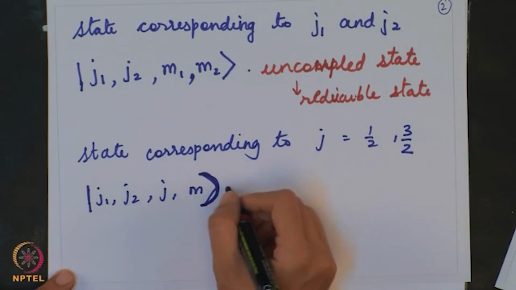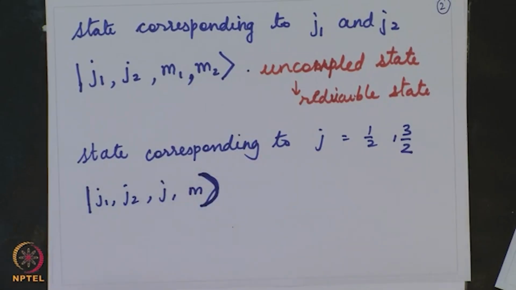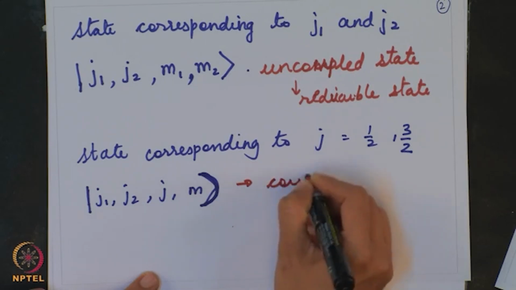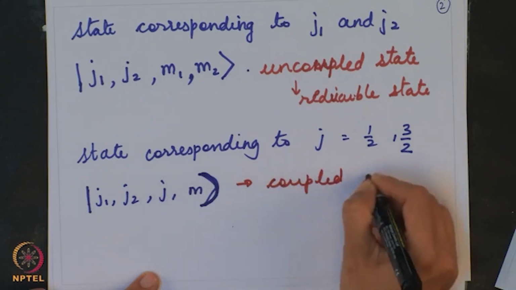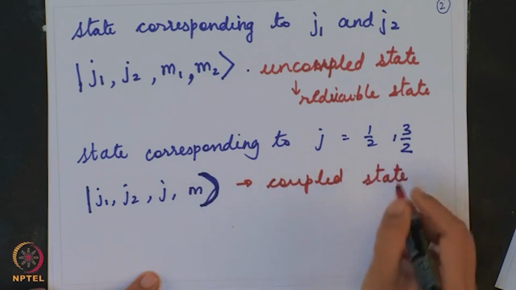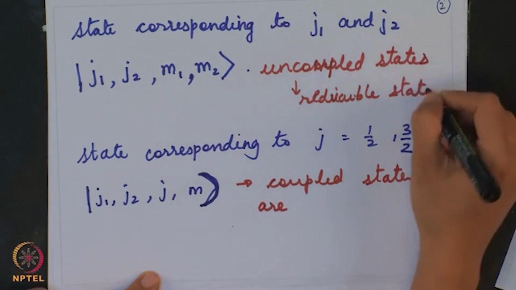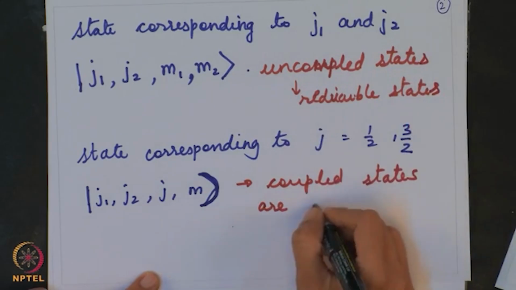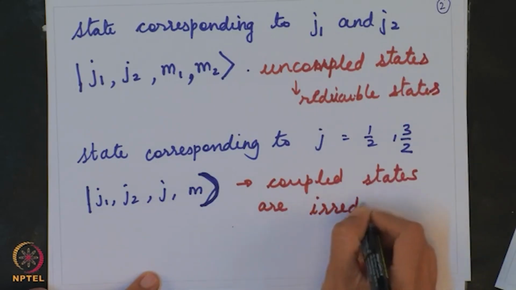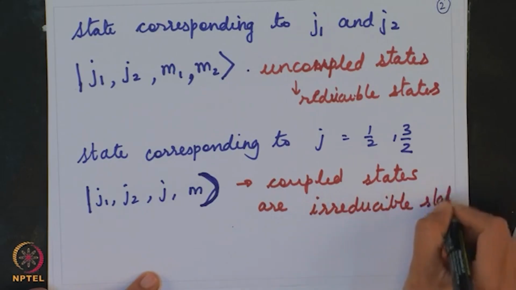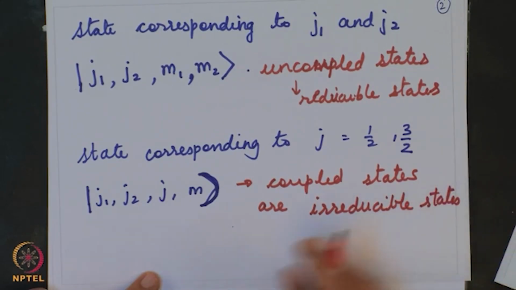So this is the coupled basis or the coupled state, and these coupled states or coupled bases are irreducible bases or irreducible states.